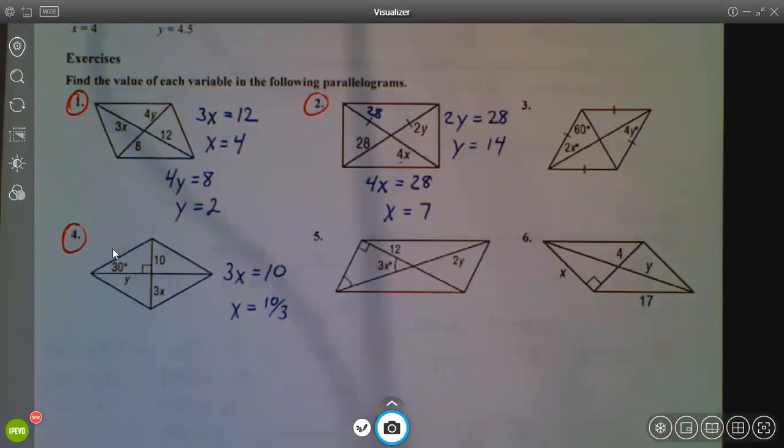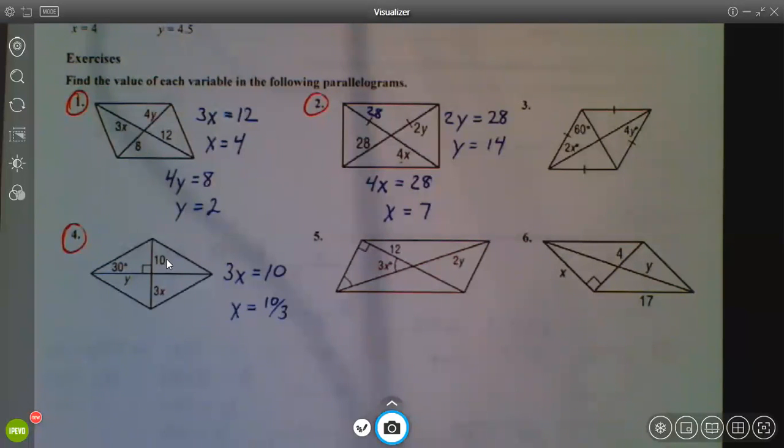So guys, if you see right here, this is a little 30, 60, 90 triangle. So the only way to figure out y on this one would be to use your 30, 60, 90 rules. You don't have enough information to do anything else, right? So we would have to know our 30, 60, 90 pattern on this. Something we talked about on Friday, and I'm going to keep bringing these up constantly throughout this chapter so that we get a lot of practice with them.